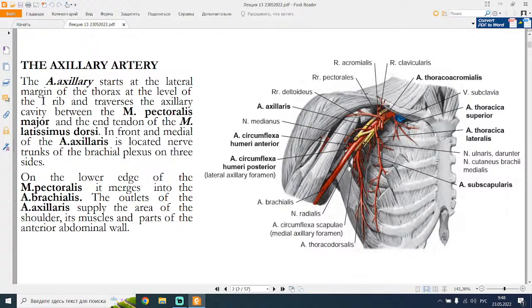In front and medial of the axillary artery are located nerve trunks of the brachial plexus on three sides. On the lower edge of the musculus pectoralis it merges into the arteria brachialis.